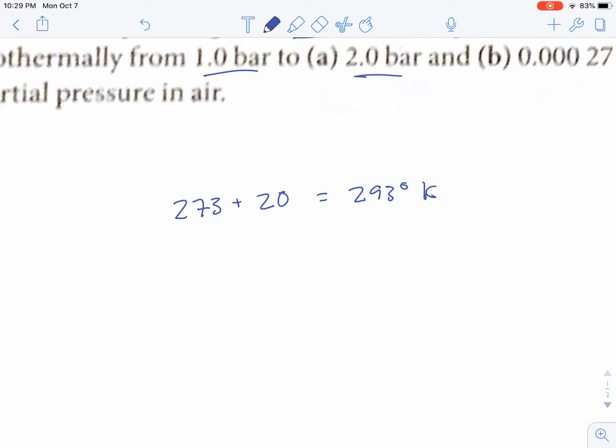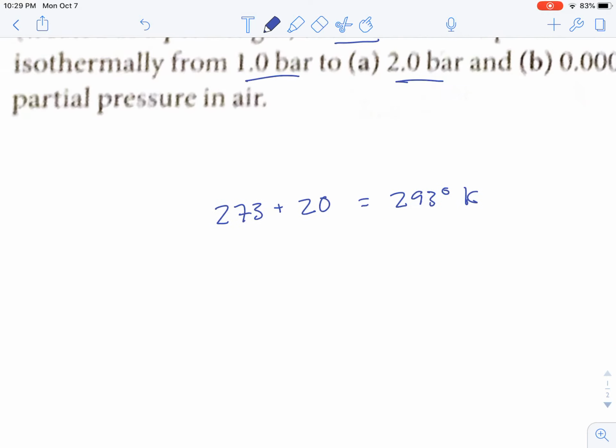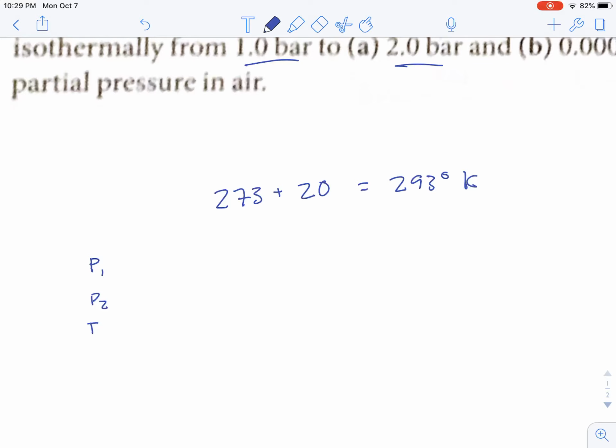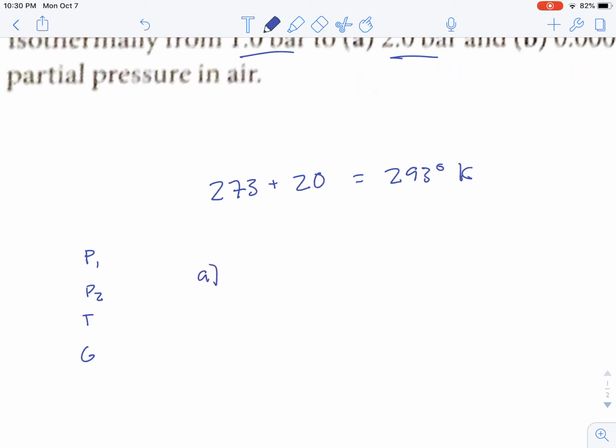Now let's look at what else we were given. We were given two pressures, P1 and P2, and we have our temperature, and we need to find the molar Gibbs energy. The best expression to use here is this equation: delta G, which is what we're solving for, equals RT times the natural log of P2 over P1.